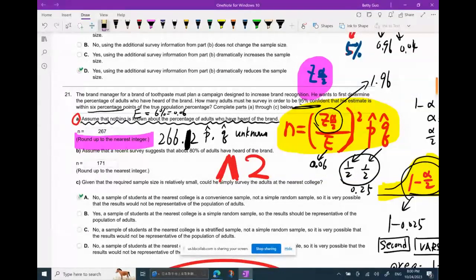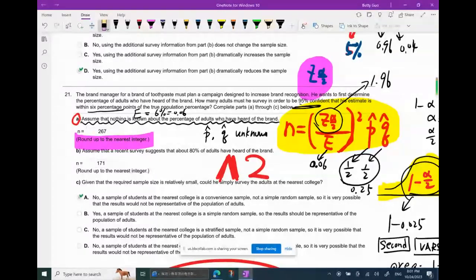Otherwise you would have a shortage in the sample size, and the sample would not satisfy the condition you want, the confidence level and accuracy.